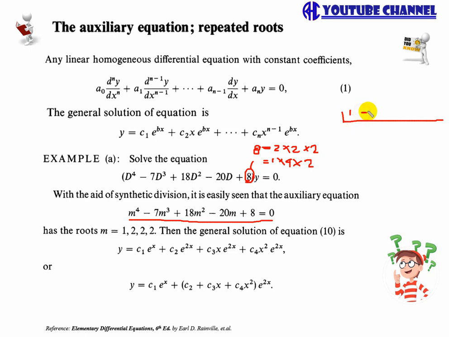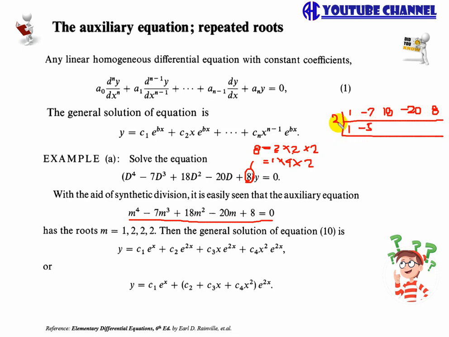Magiging 1, negative 7, 18, negative 20, then yung positive 8. So, automatically, ito itatry natin yung tatlo na yan. Okay, yung positive 2. Bring down 1. 1 times 2 minus 7, that is negative 5.